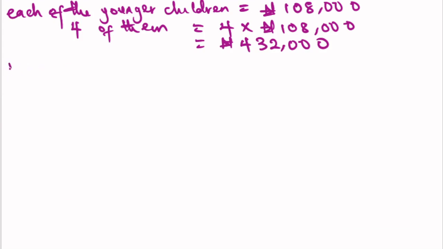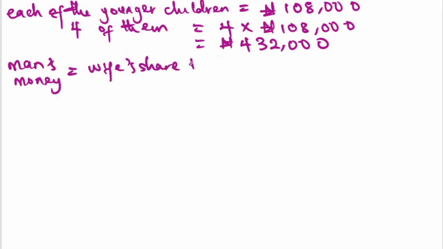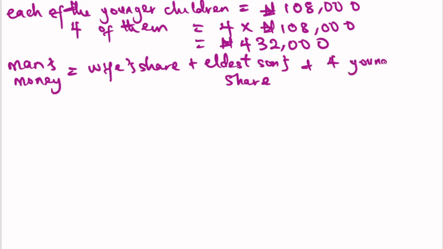So the man's money, that's his actual money, should be equal to the wife's share plus the eldest son's share plus the 4 younger children's share.